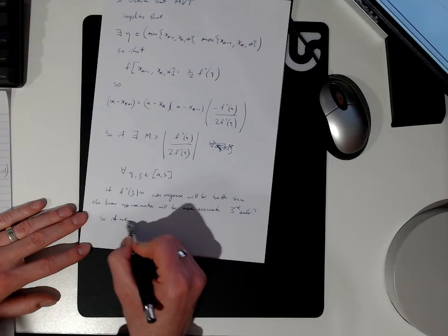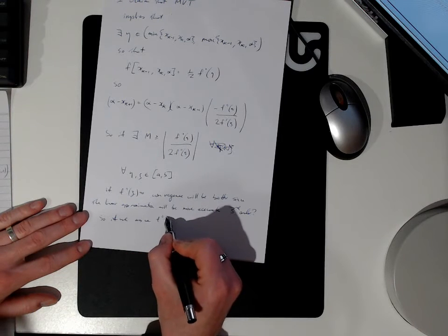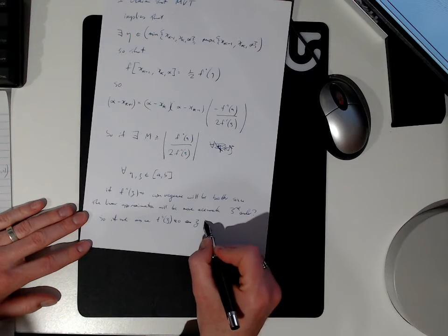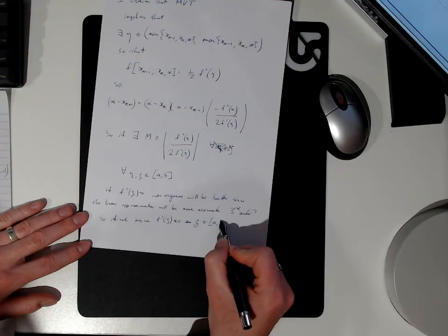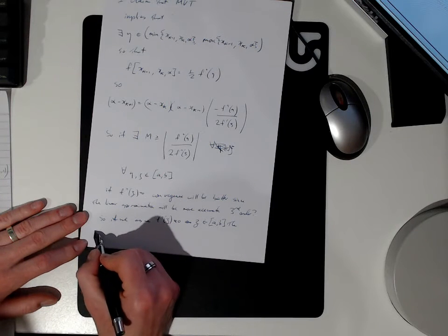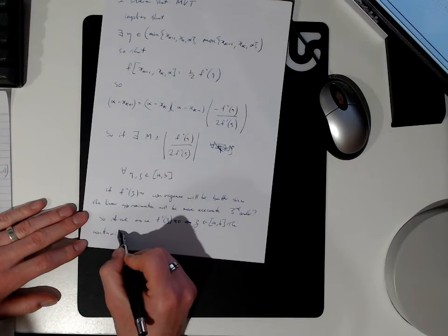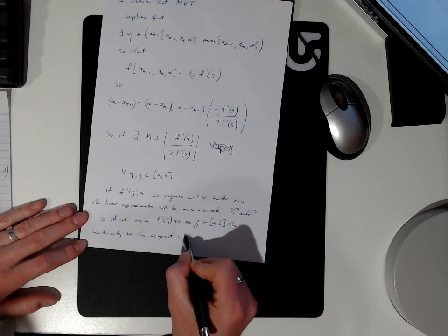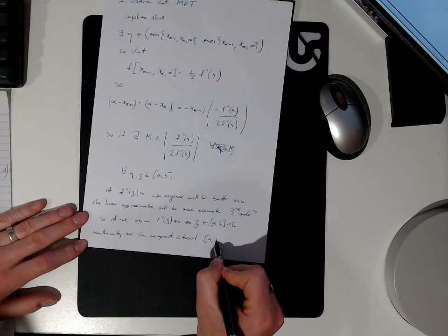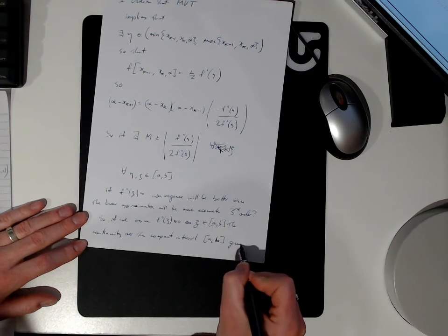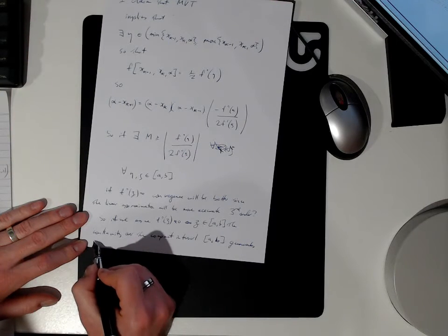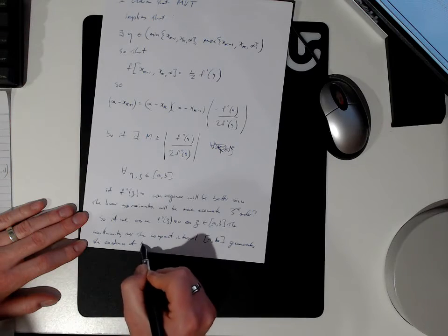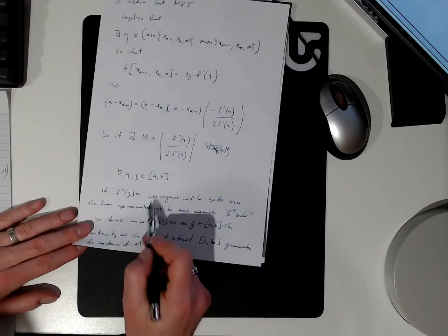So if we assume it's not equal to 0 for zeta in AB, then continuity over the compact interval guarantees the existence of M. And with more work, you can show what happens.